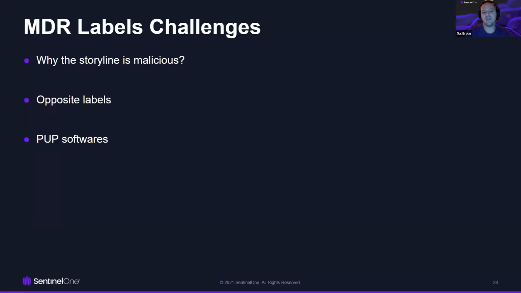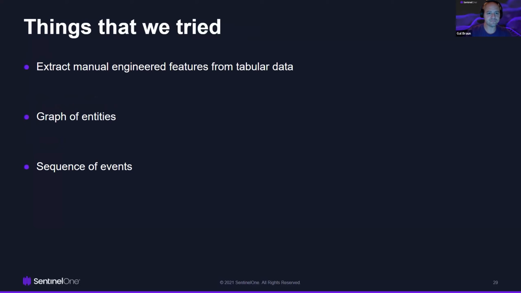Let's say a customer doesn't want employees to be able to install games on their laptops and considers the activity of Steam.exe a true positive. But another customer complains about false positives on Steam.exe for the exact same behavior, because they don't care if employees play games on their own time on a weekend. So I won't talk about the solutions here, but just want to emphasize that it's a pretty complicated situation.